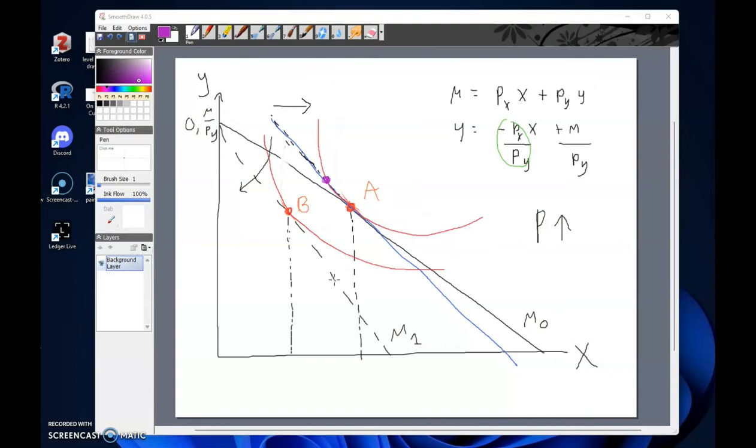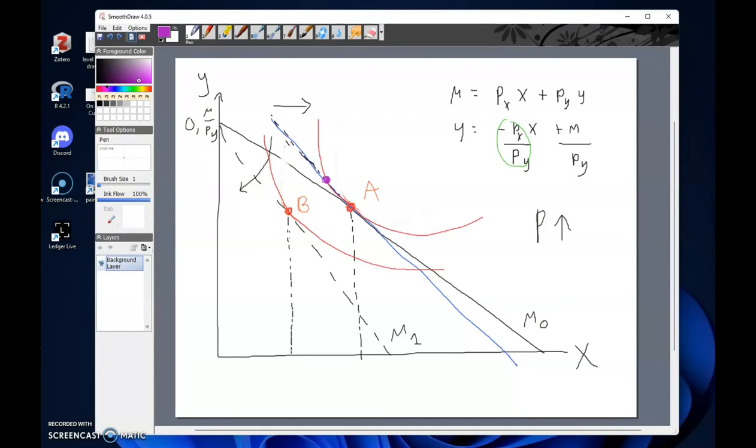This line would have the same exact slope as M1, because he can't actually control the market price. In this case, if you look at this price ratio right here, it is negative, meaning it has a negative slope.